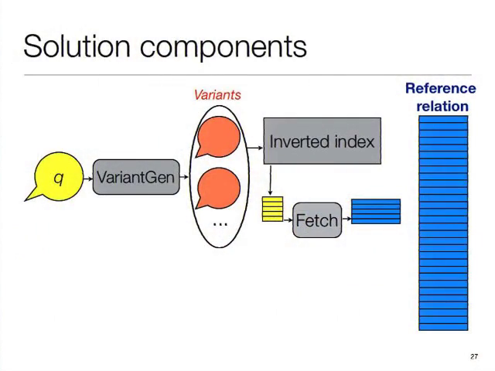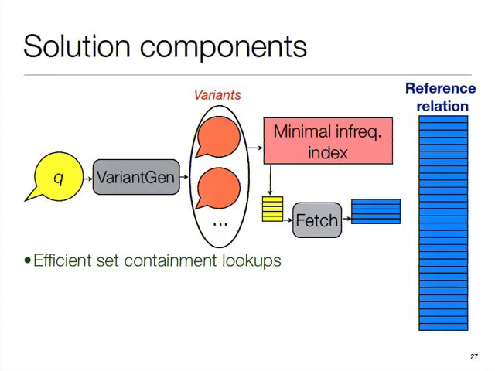So what this indicates is a solution outline, which is how we might be able to change and improve it. One, as I hinted earlier, we are going to improve on the inverted index to make it more efficient for doing set containment queries by introducing something called a minimal infrequent index, which is a more efficient version.